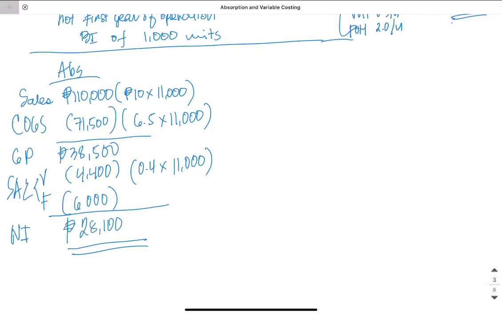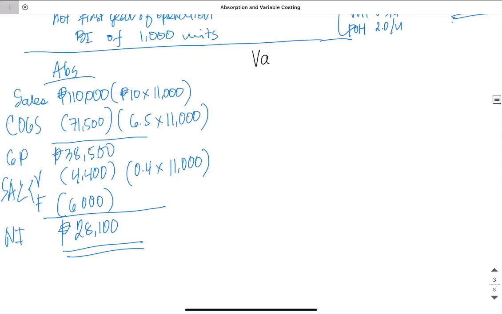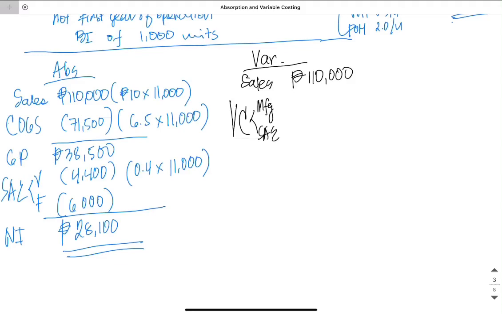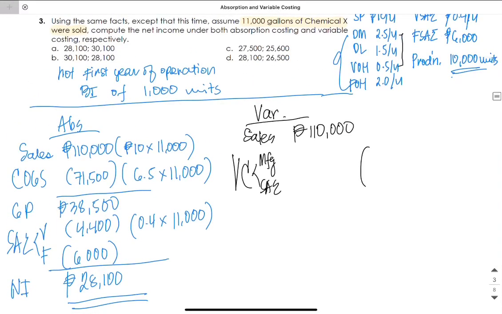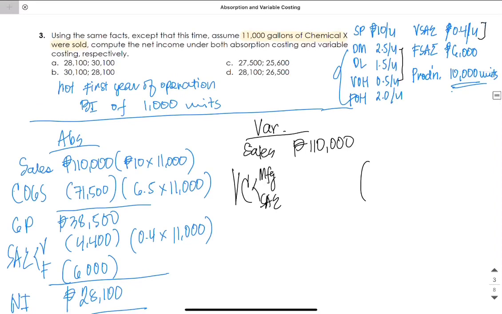So what about under variable costing? Under variable costing, sales will be the same, 110,000. And then variable cost, manufacturing and selling admin expense. Again, same. This 3 plus this 1 is 4.9, times 11,000, the number of units sold.